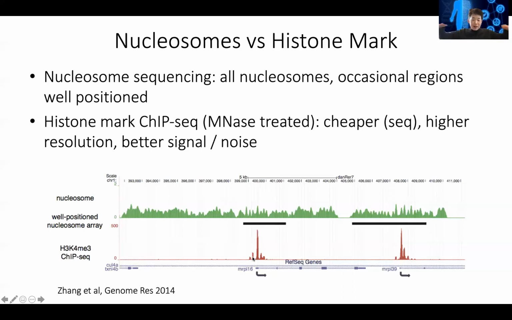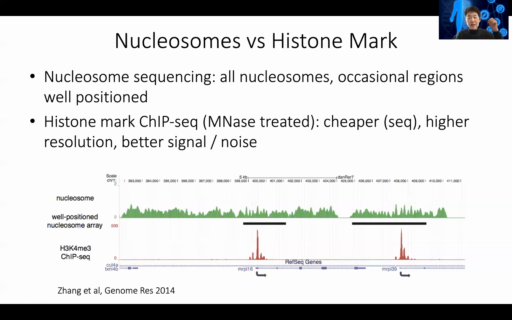And the adjacent one is weaker, because usually when the histone mark writers go to the right position, they will add the mark. And then nearby nucleosomes get modified a little bit, but they're not the main players. So the strong modifications indicate strong signals.